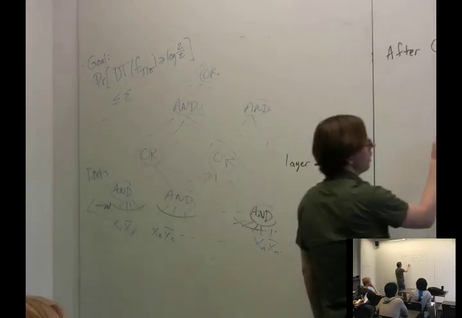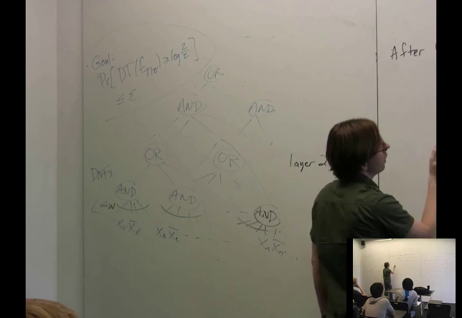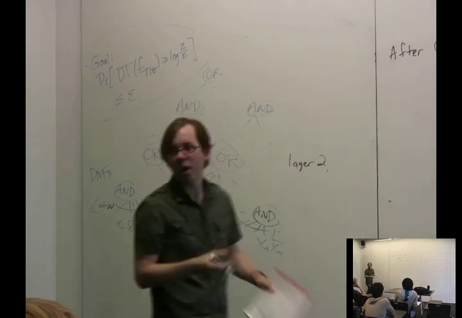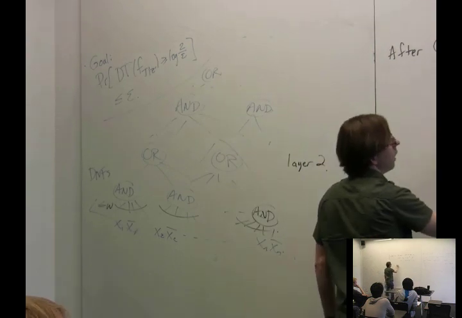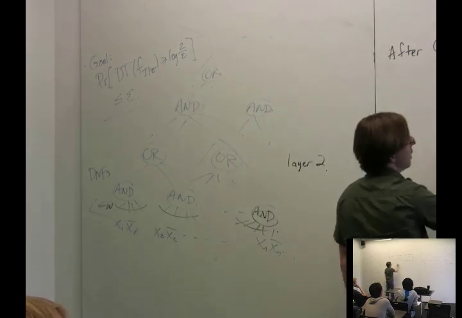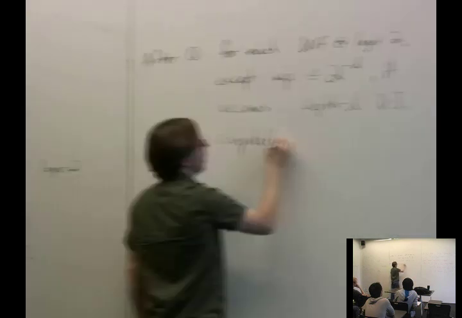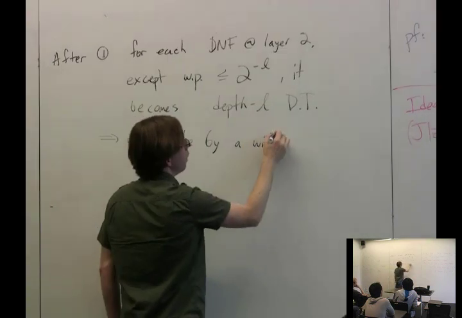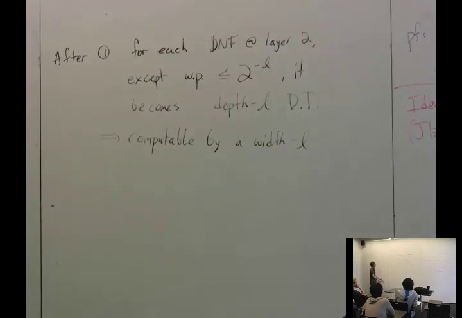And if you remember an exercise I asked you to do a little while ago, DNFs and CNFs are more powerful than decision trees. In particular, anything computable by a depth L decision tree is also computable by a width L CNF or DNF, your choice. So let's choose CNF.